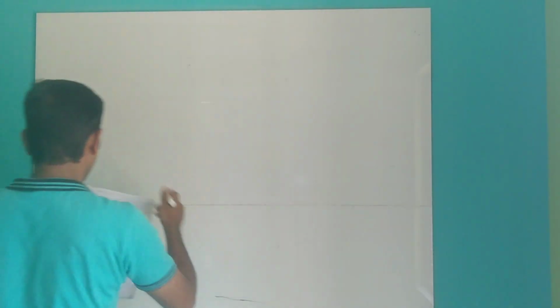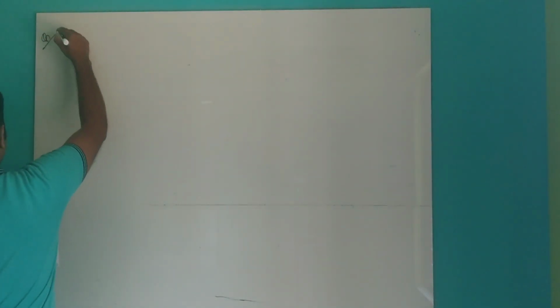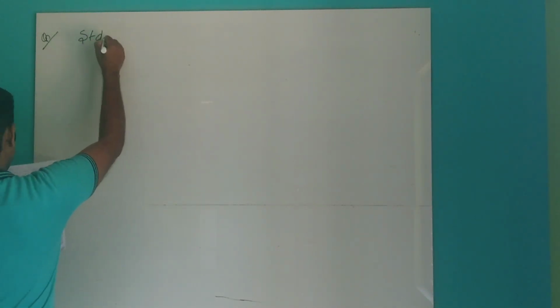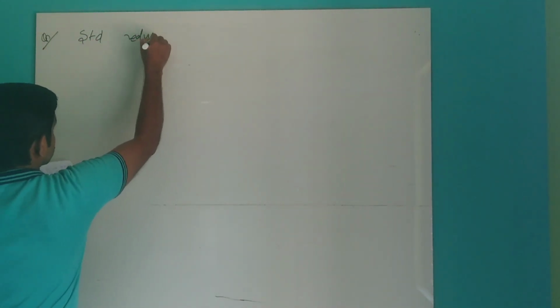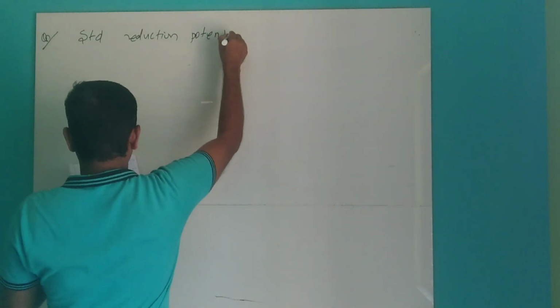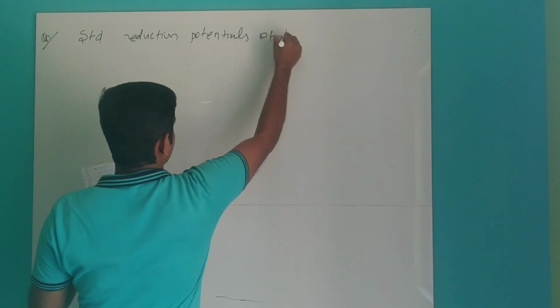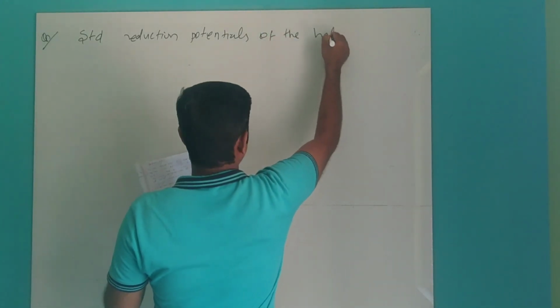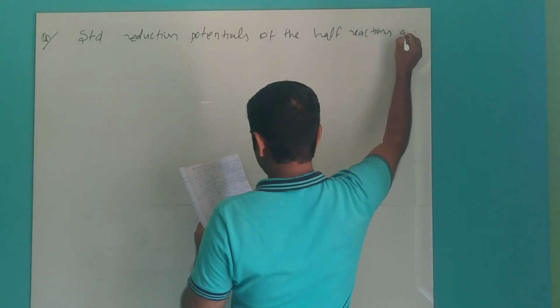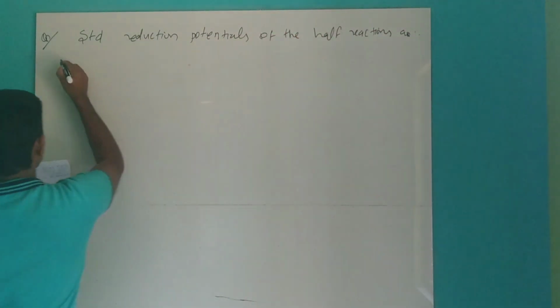Okay, the question is: standard reduction potentials of the half reactions are given below.